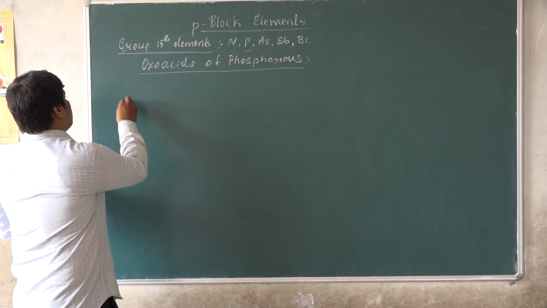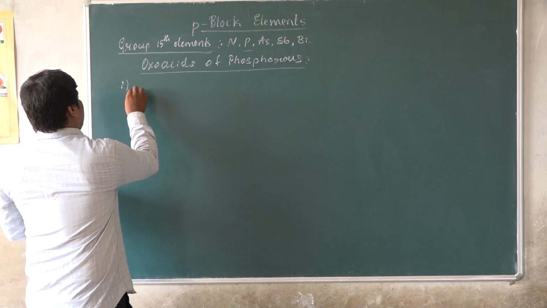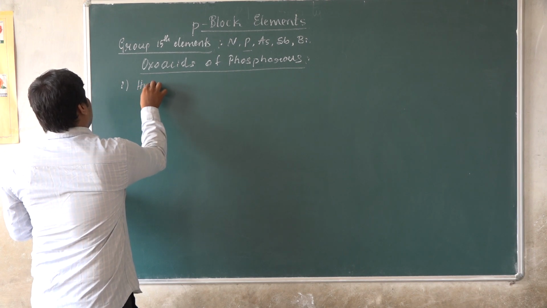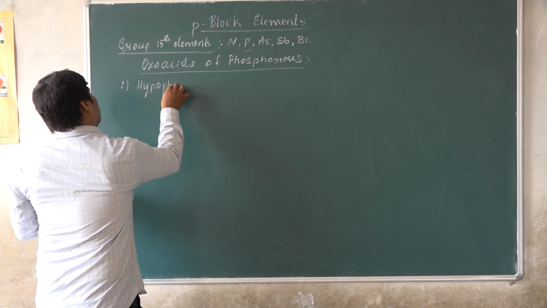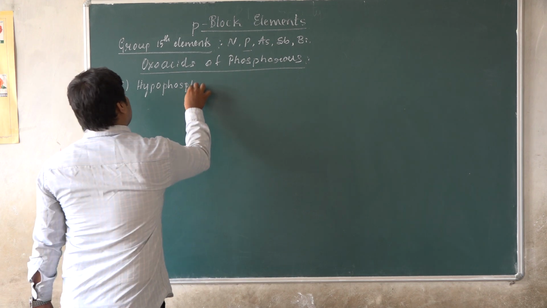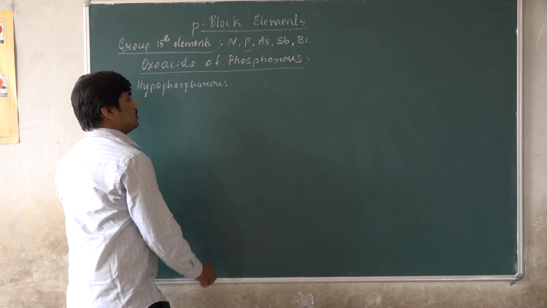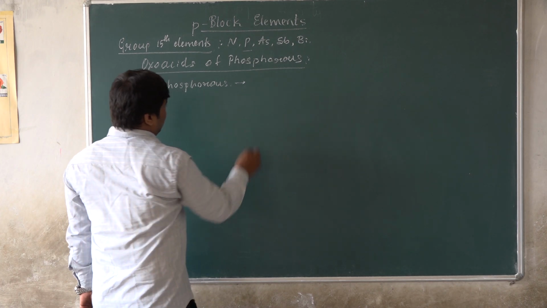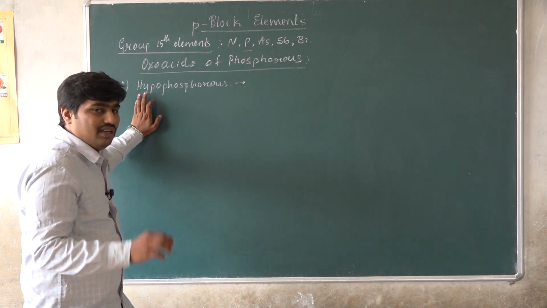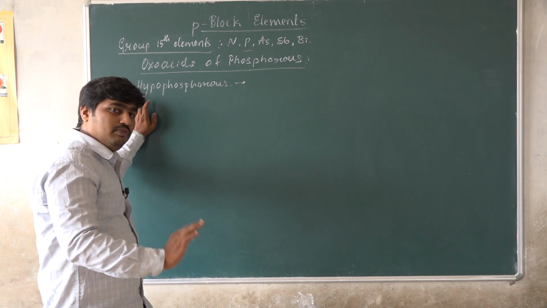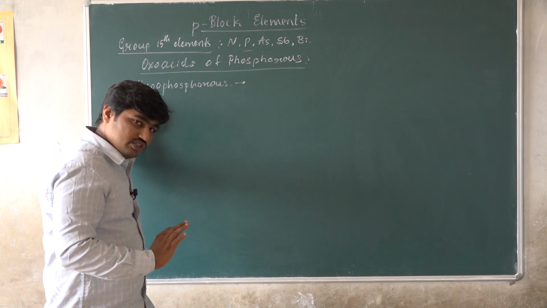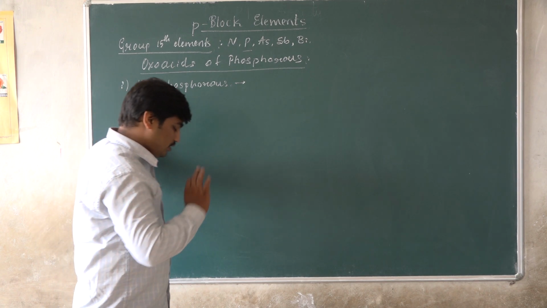The first oxo acid of phosphorus is hypophosphorous acid. The word hypo is used because of the lesser number of oxygen atoms compared to hydrogen in the compound.